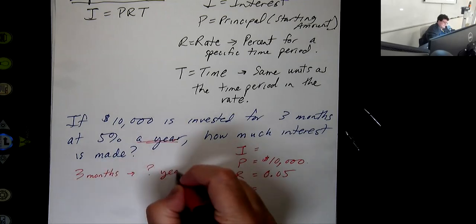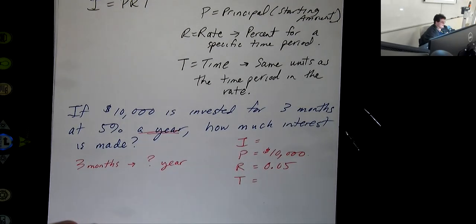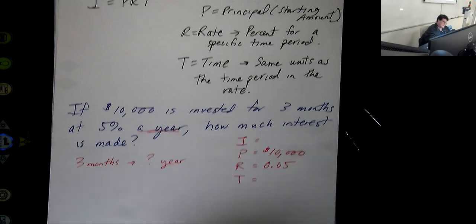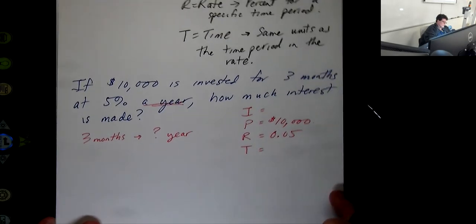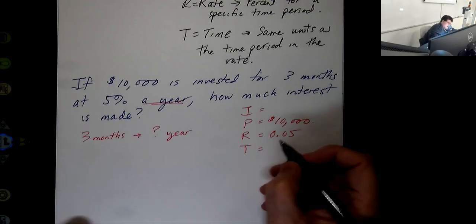Yeah, 1/4. 1/4 of the earnings that you would earn in a year, right? So let me cover how to convert to that, because not everyone's quick with 3 months being 1/4 of a year.